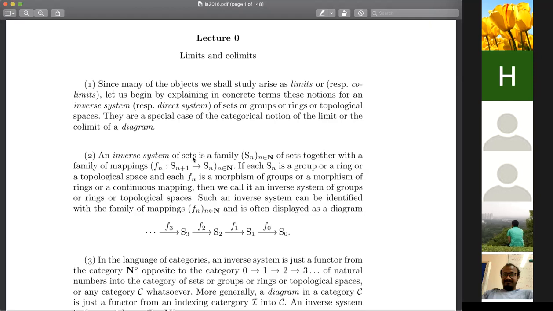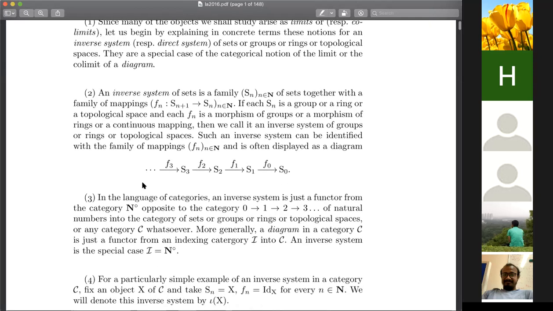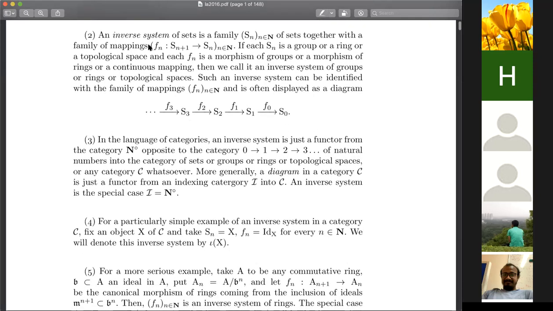You might not know why they are categories, but you know groups, rings, spaces. Okay. So let's start with an inverse system of sets, or of groups, or of rings, or of topological spaces.